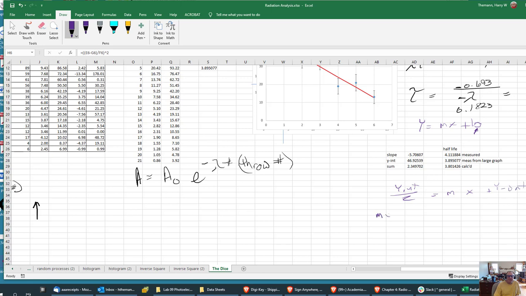So we have mx equals y-int over 2 minus y-int, and then we divide by the slope, the m, to get the value of x that I want.